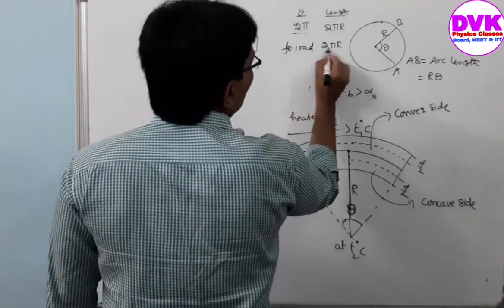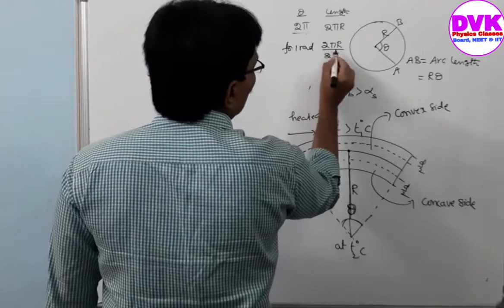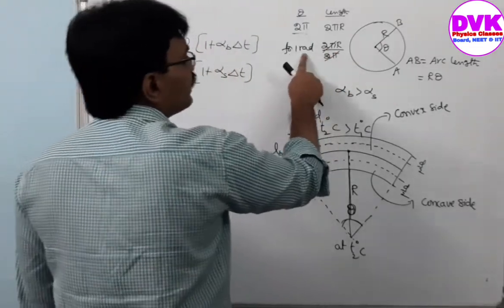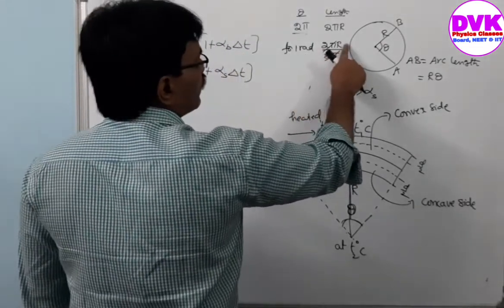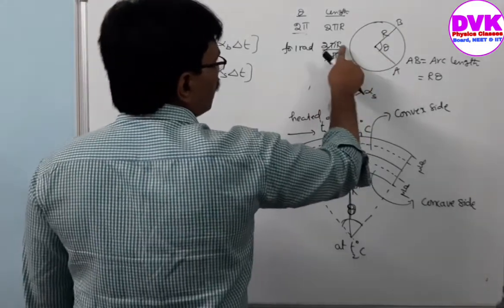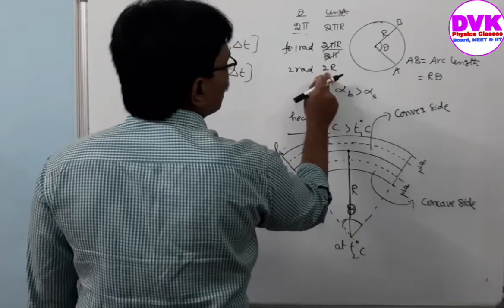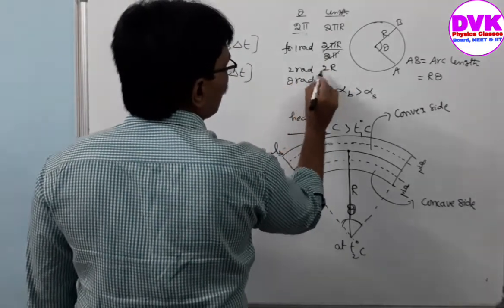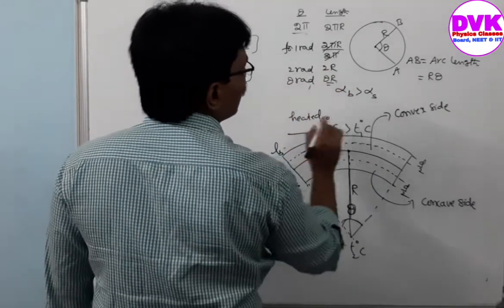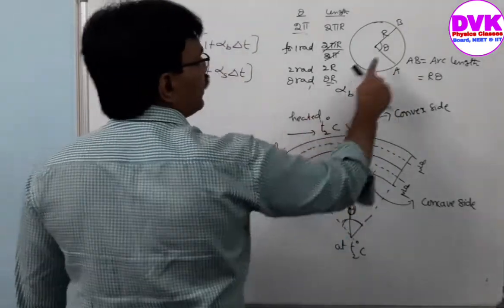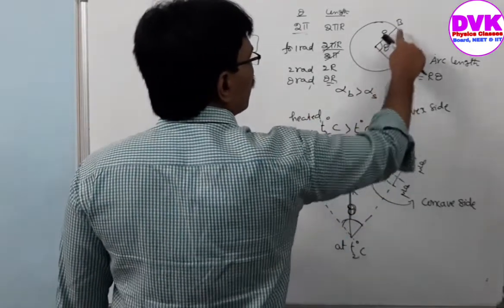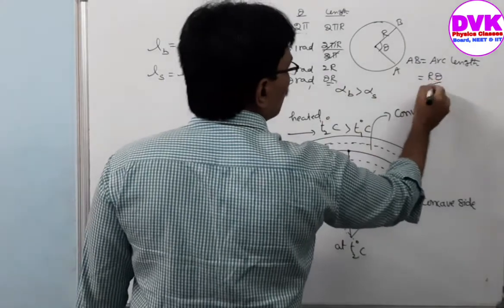Total length covered divided by total angle, so for 1 radian the length covered is r. For 2 radians it will be 2r. So for theta radians, the length covered is r theta. That means if any angle is theta, the corresponding arc length equals r into theta. That's what I am writing here.